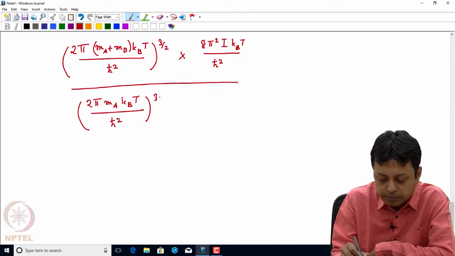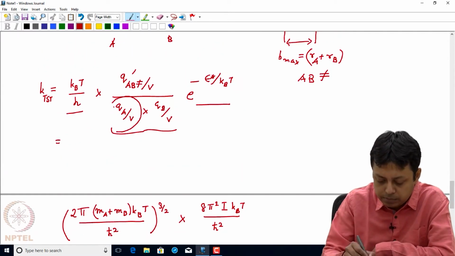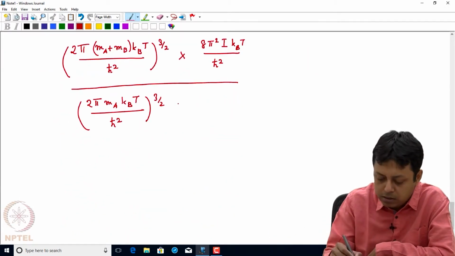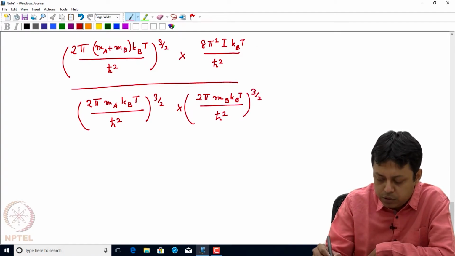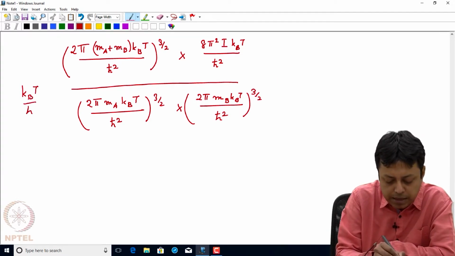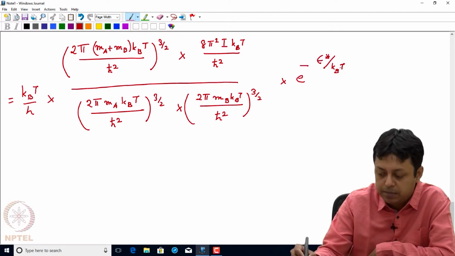This is for QA by V, which we wrote here, and similarly for QB by V, we can write a similar expression, 2 pi mB kBT divided by h bar squared raised to the power 3 by 2, times kBT by h, and times e to the power minus E star by kBT.